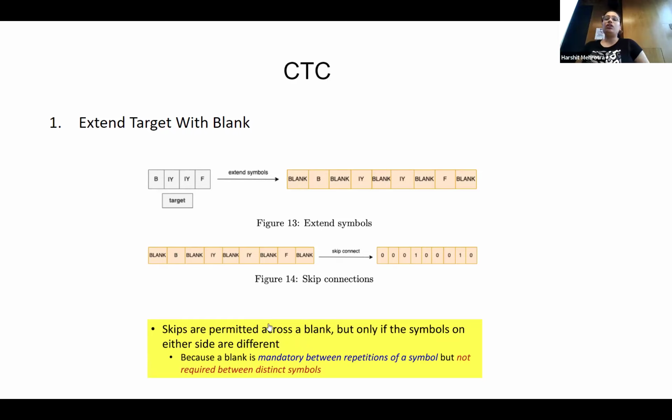And the rule is you can skip a connection if the symbols on either side of the symbol that you're considering are the same. So for example, if you look at blank to B, you cannot skip. B to blank, you cannot skip. Blank to IY, you can't skip. But if you look at this particular IY, the symbols on either side, are they different? No, which is why it's a 1 here.